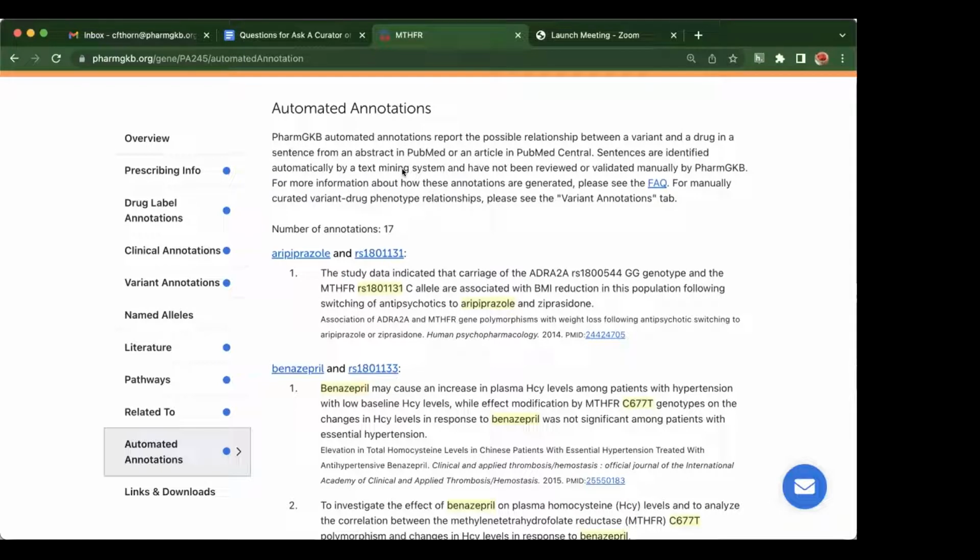CPIC are starting from the point that, like we also, as curators, we have to be a jack of all trades in a lot of ways. Some of us have more expertise in particular areas than others, but we have to be looking across a broad range of different genes and drugs and phenotypes.